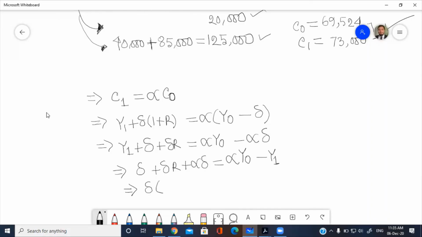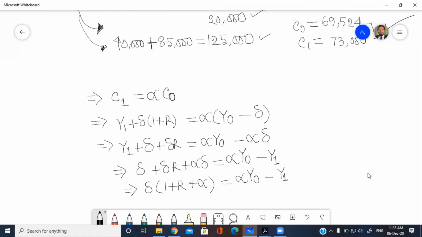Yes, sir. Okay, 1 plus R plus alpha, and we are keeping it as it is; it is not possible to take any shorter form or simplify this.